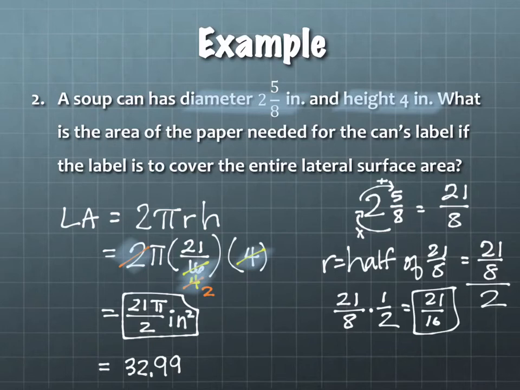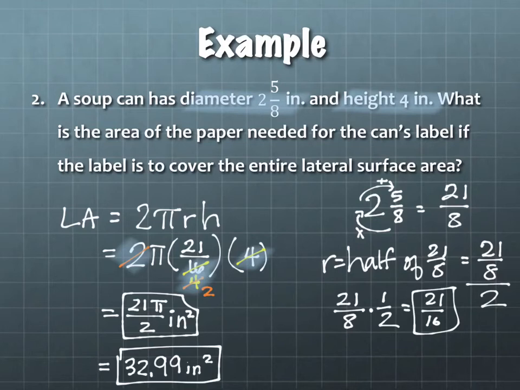It is area, so it's in square inches. So if they happen to tell you leave it exact, you can leave it with the pi. Generally speaking, that's not reasonable for a word type problem. Okay, any questions on that one?